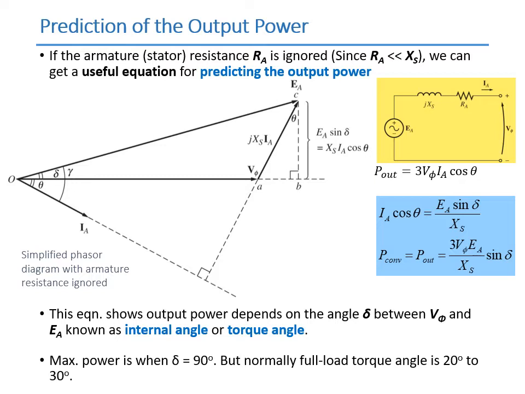If we look at the equivalent circuit here, when we ignore RA, it means RA will no longer be there, so we'll just have a line in here.